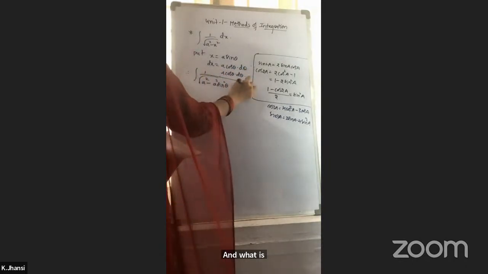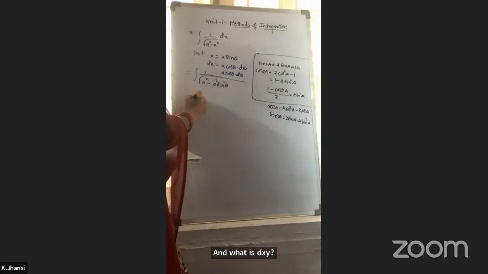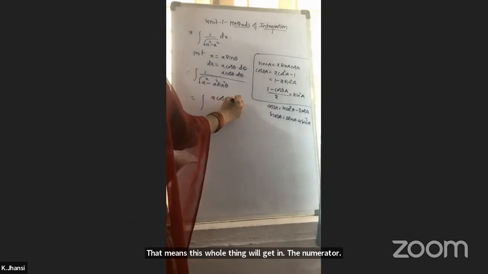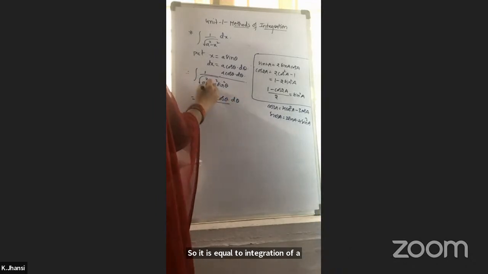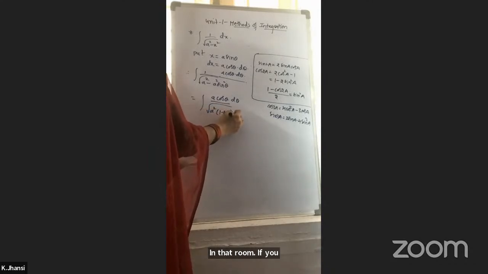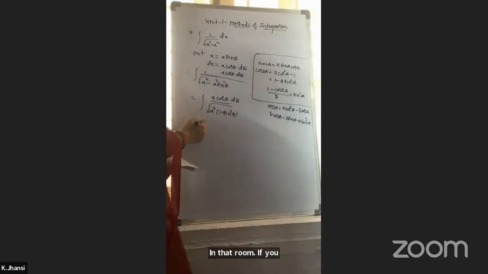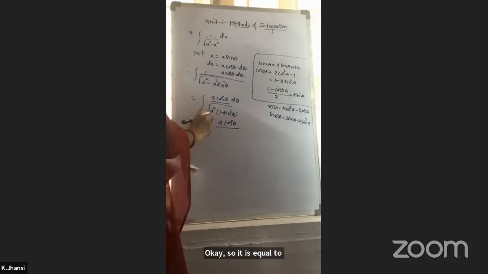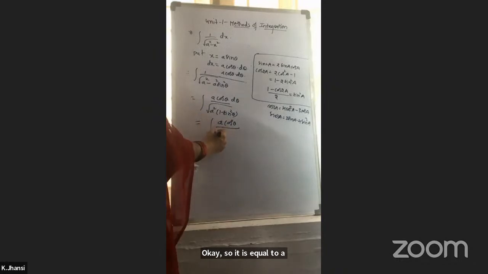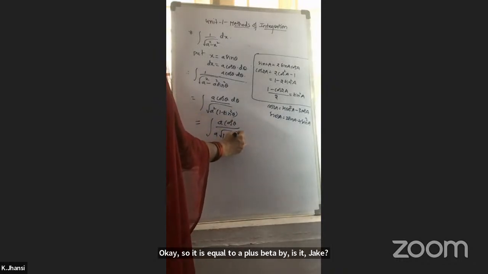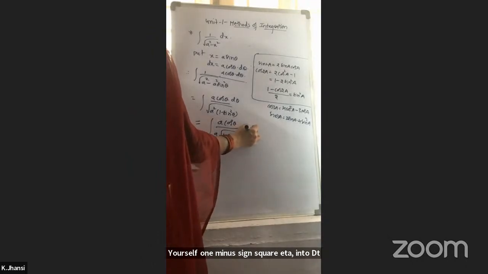That means this whole thing you will get in the numerator. So it is equals to integration of a cos theta into d theta by, this is in the root, if you take out a square common, 1 minus sin square theta. Okay. So it is equals to a cos theta by, if you take a square outside the root, it is a root of 1 minus sin square theta into d theta.